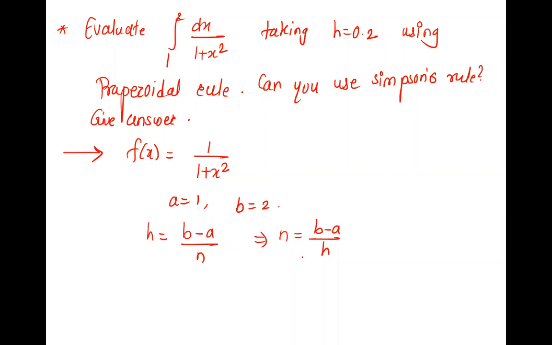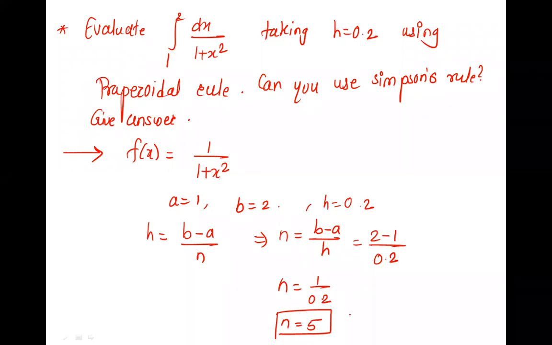Is that clear? The two are multiplied, so nh is b minus a. So n stays here and h gets divided. They have asked you to take h as 0.2. So n is 2 minus 1 upon 0.2, which is 1 upon 0.2. 5. N is 5, right? So can we use Simpson's 1/3 rule?